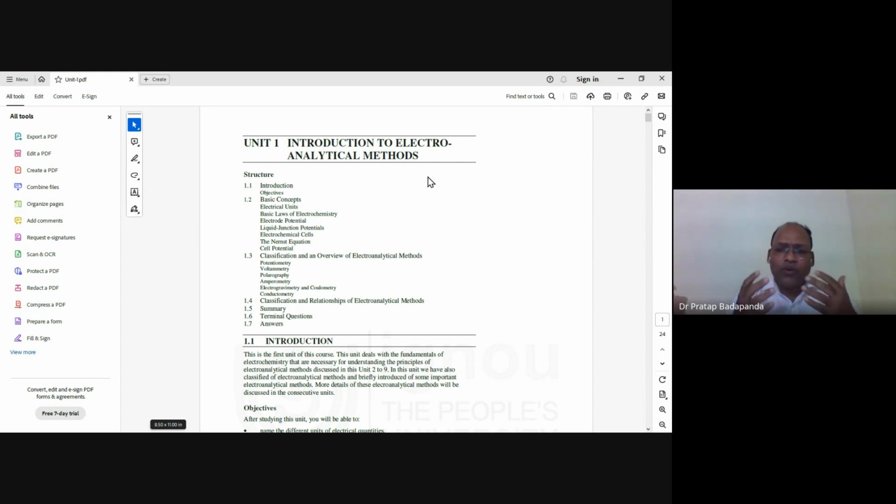We are all well acquainted with the battery, right? It may be a dry cell, maybe a liquid cell, whatever. You are using several batteries in your daily life, like your remote battery, car battery or motorcycle battery. This is not the only example. Several types of batteries are there.